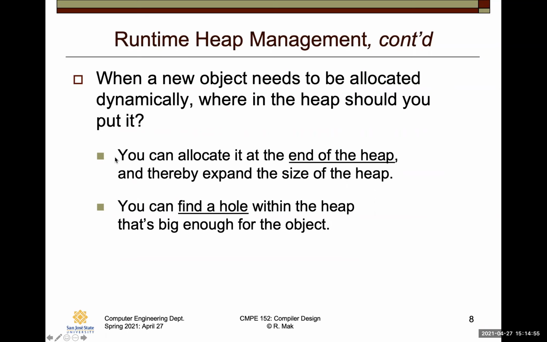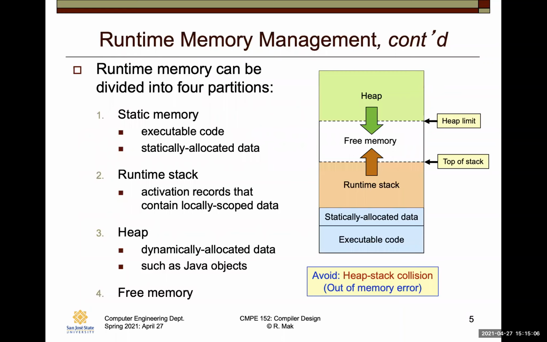So this object can be allocated at the end of the heap. So that means the heap will keep growing, right? If you go back to this diagram, we're allocating objects, and we always allocate at the end of the heap. So that means the heap limit has to keep moving forward. So that's one way.